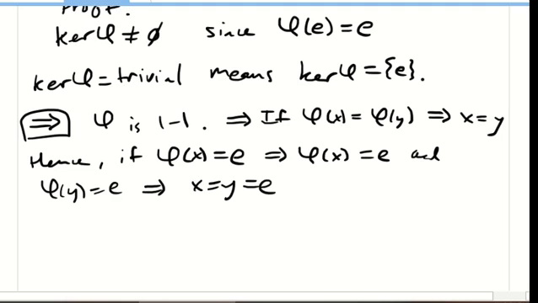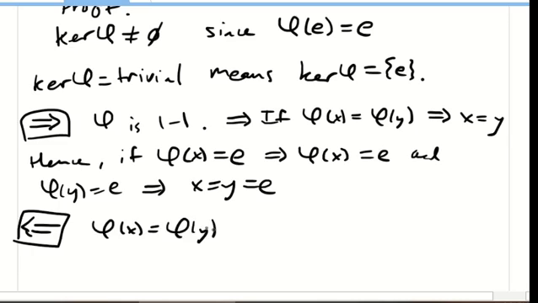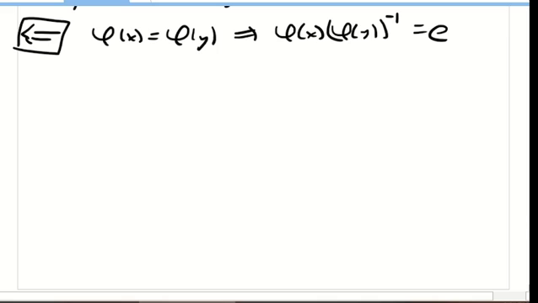What about the other direction? This is the one that's less obvious. So say those two things are equal, and that means I can multiply both sides by the inverse. Okay, that's the identity. But phi is a homomorphism, so it's operation preserving, right?